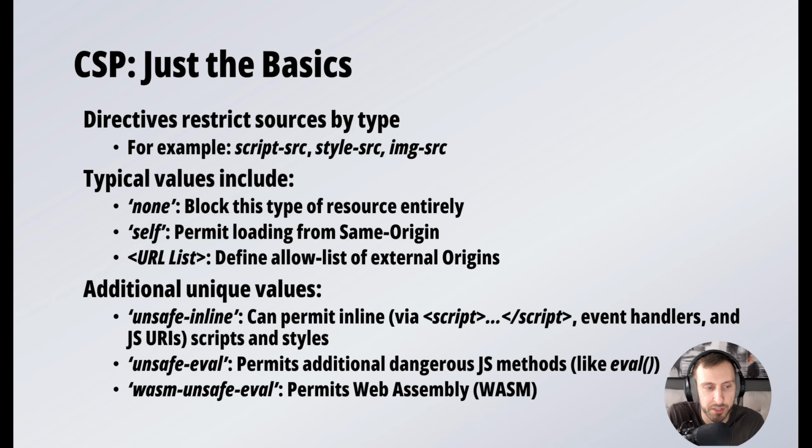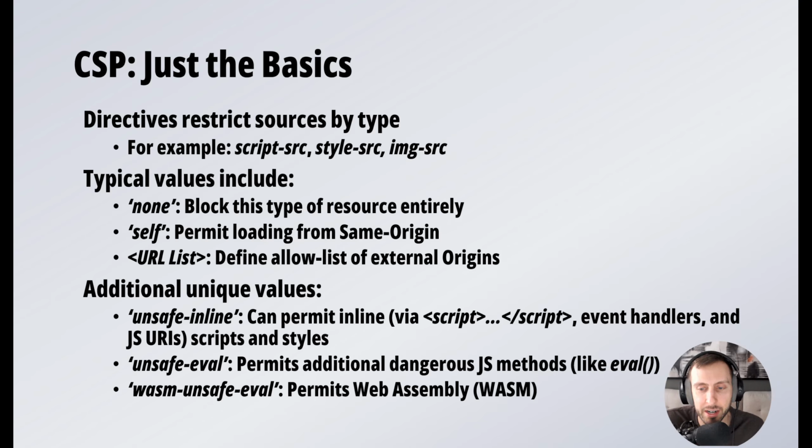those types of resources. And there are a few additional unique values that apply in some situations, so primarily script, but also styles. That would be unsafe inline, which if you don't include this and you're using content security policy, you can't use script tags with JavaScript inline there without specifying a specific source that is external to that specific document.